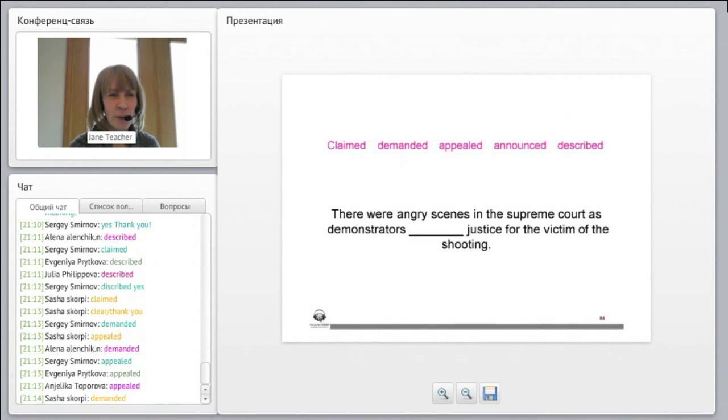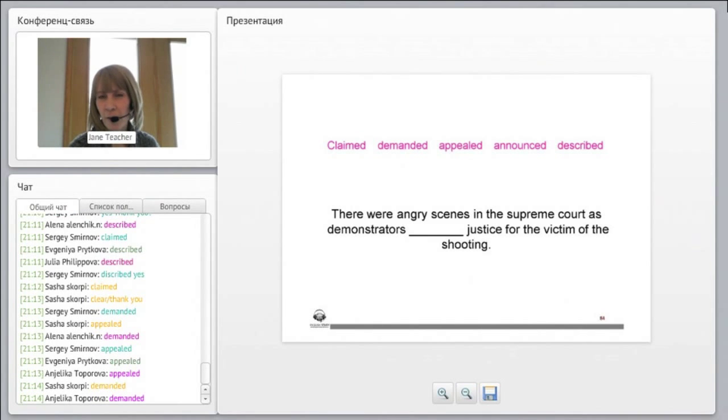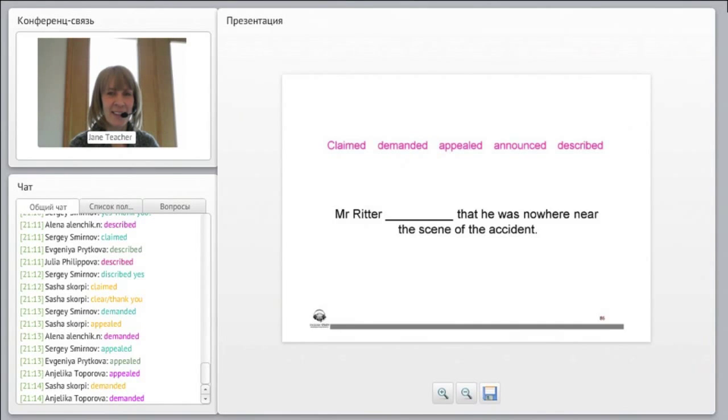So you've got a key word that gives you kind of a clue, right? The beginning of the sentence, it says, there were angry scenes. So you know that if there's an angry scene, the emotions are high. So they're demanding justice. Exactly. Good. So if you said demanded, that's right.